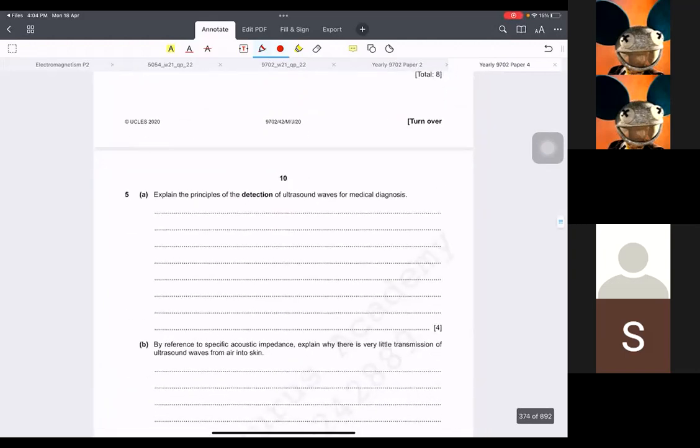Then explain detection. Okay, so detection of ultrasound. Number one, the reflected pulse of ultrasound. Two, incident on a piezoelectric crystal.